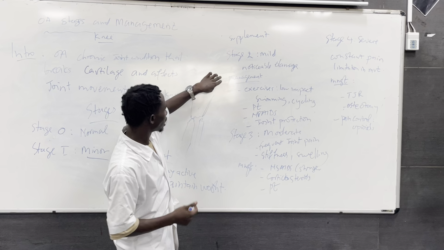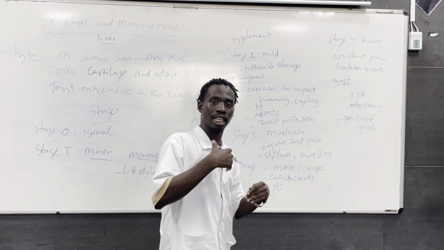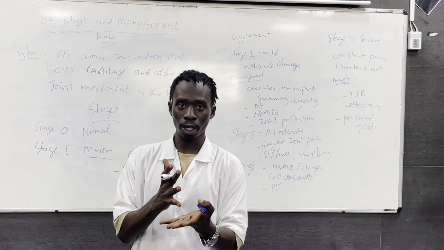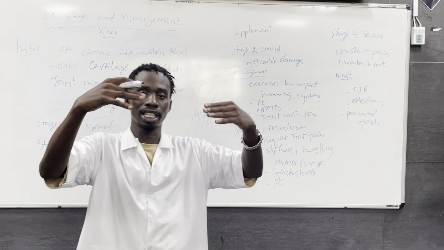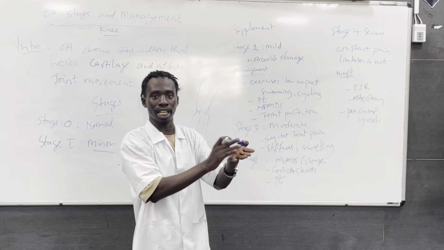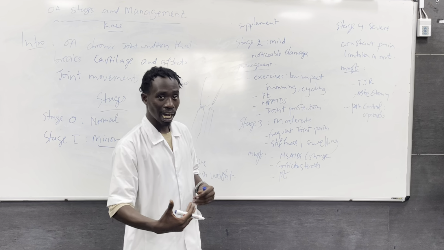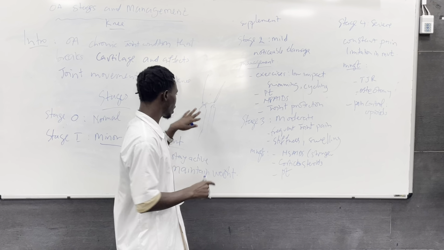Then stage 2 is mild. Here there is noticeable damage. When you look at the X-ray, it shows some changes on the articulating surfaces of the cartilage of the femur and the tibia, which make up the knee joint.